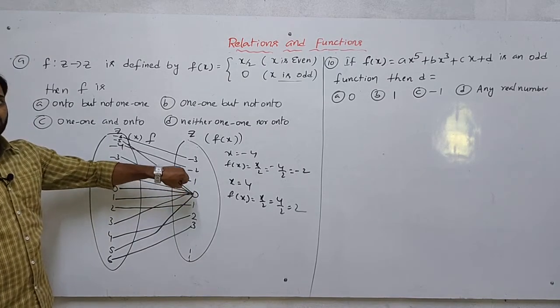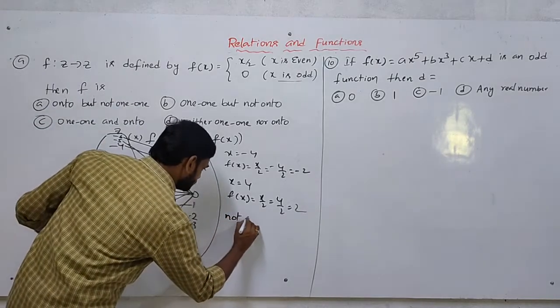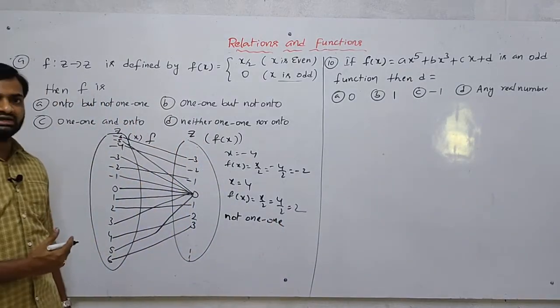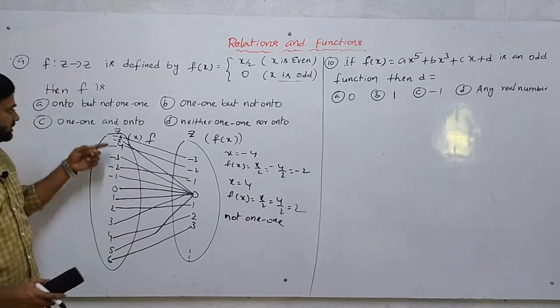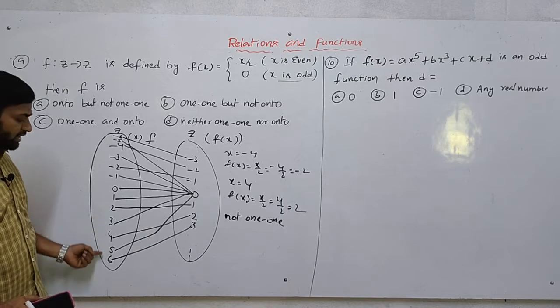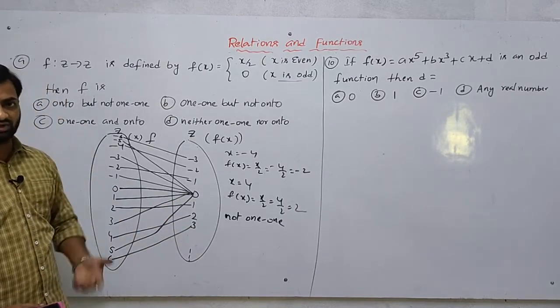So it is not one-one. The one-one condition is that different elements should have different images. But here the elements -5, -3, -1, 0, 1, 3, 5 have the same image 0. That's why it is not one-one.